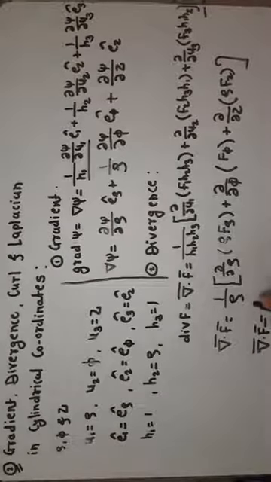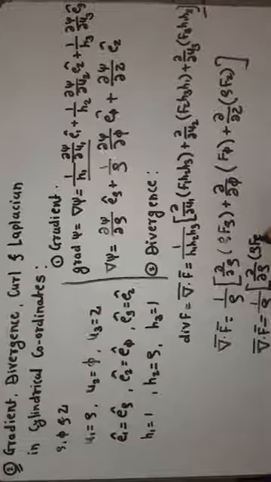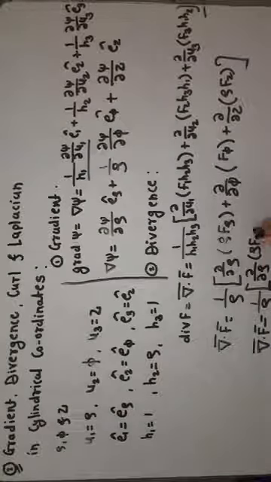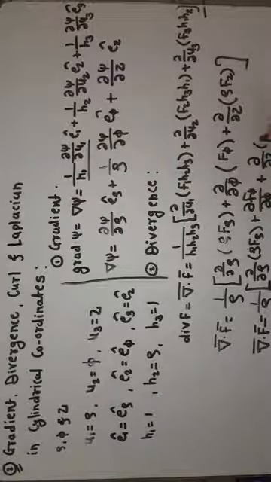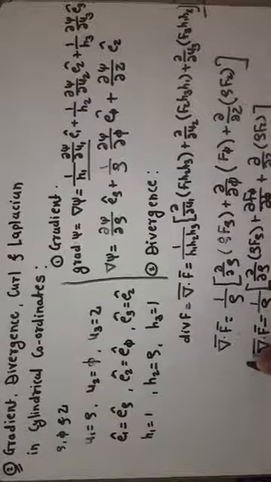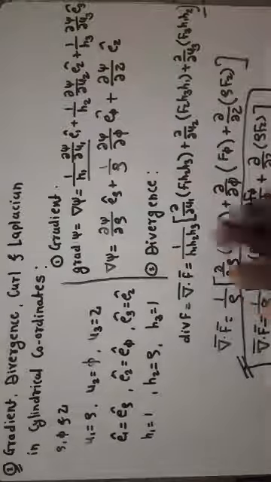That means divergence of F bar is equal to 1 by rho in bracket dou by dou rho of rho F rho plus dou F phi by dou phi plus dou by dou z of rho Fz, bracket complete. This is the equation of the divergence in cylindrical coordinates.